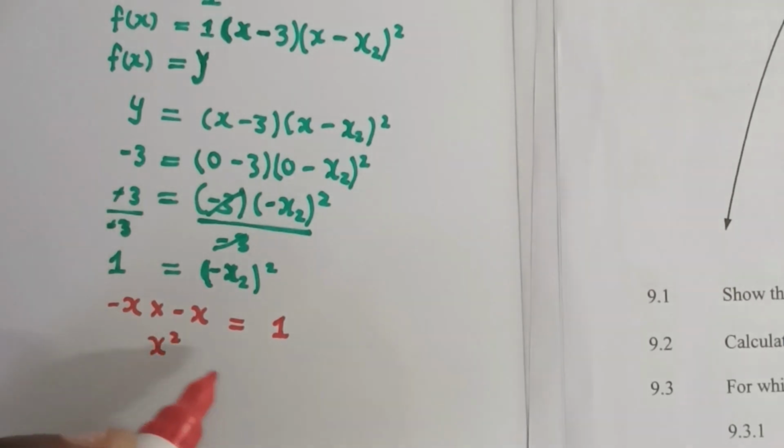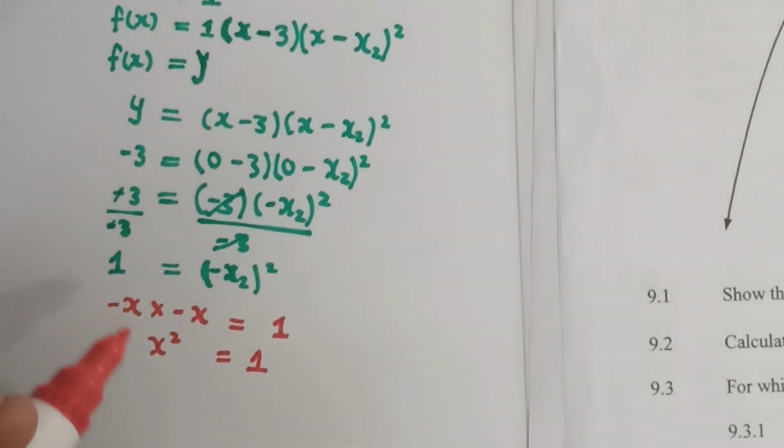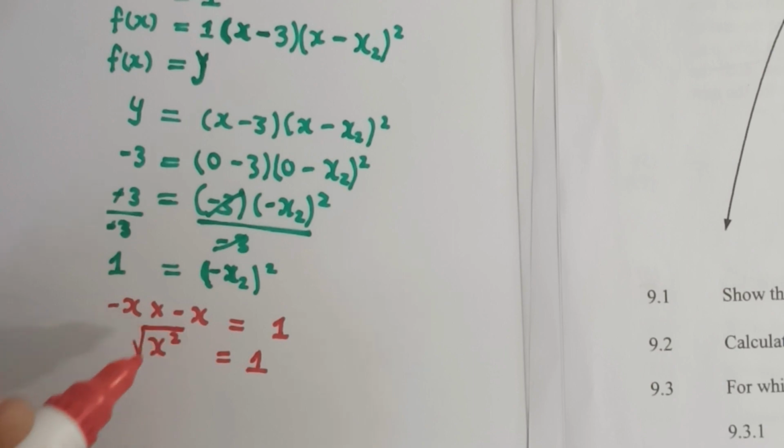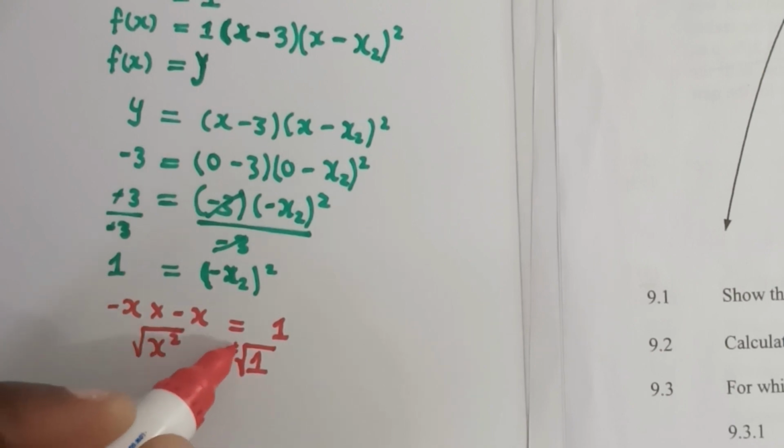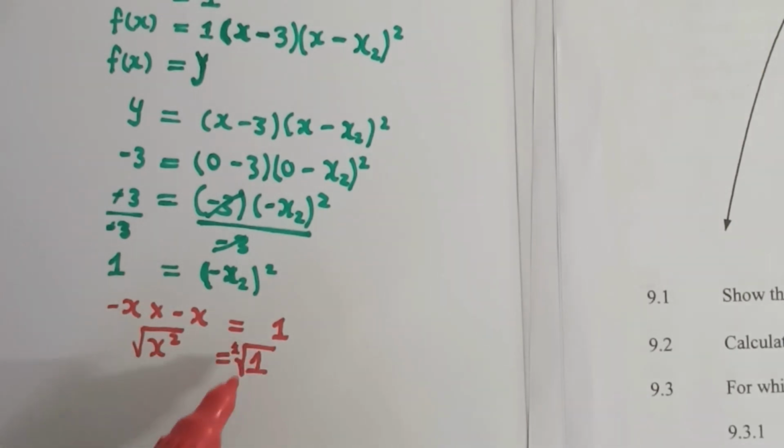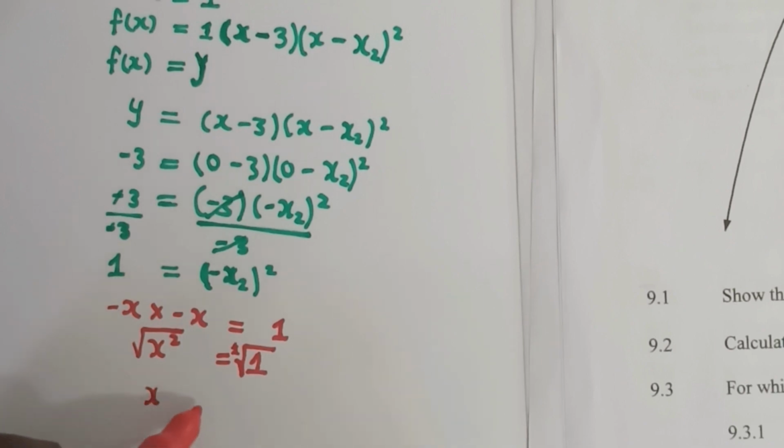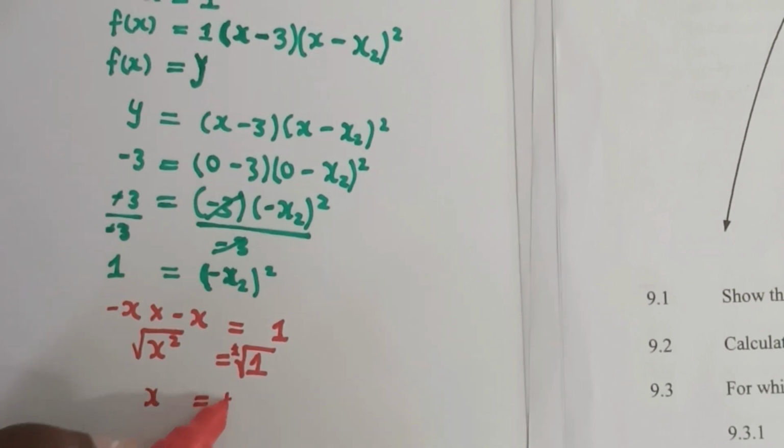So x squared here is equal to positive 1, and then we introduce a square root just because we want to find x here but not x squared. So then we have two signs. Whenever we introduce a square root on this other side, we introduce a plus or minus. Then we are left with a positive or negative 1.